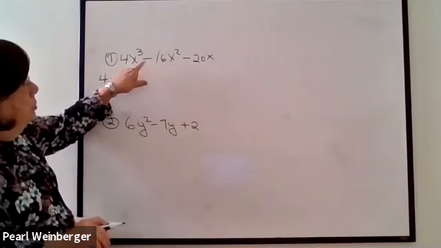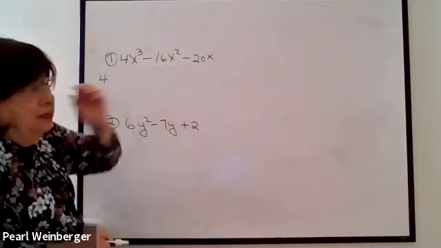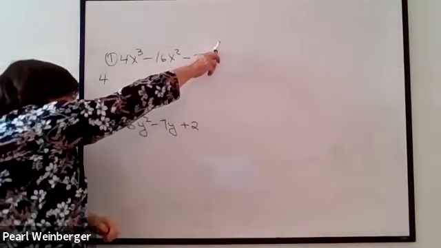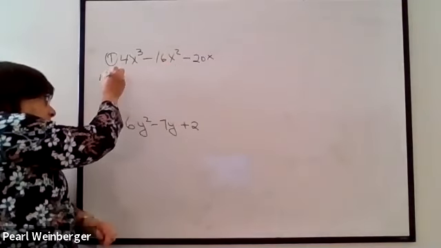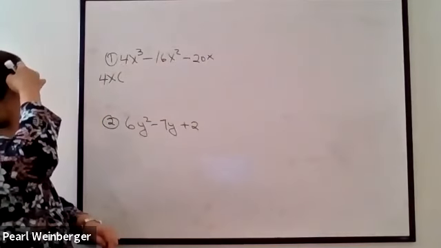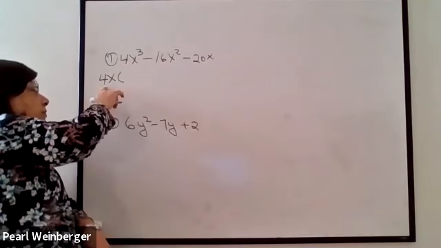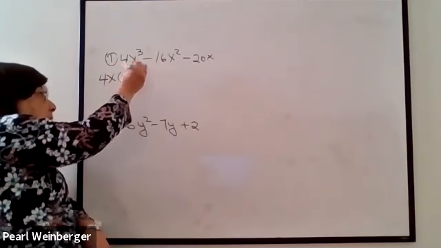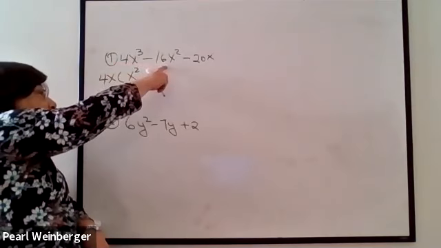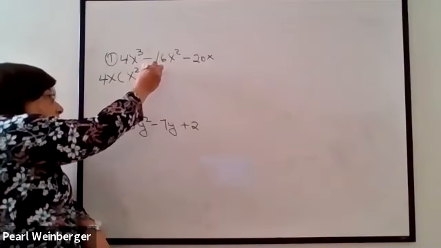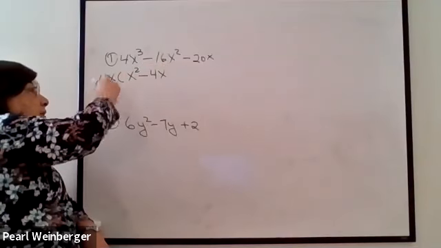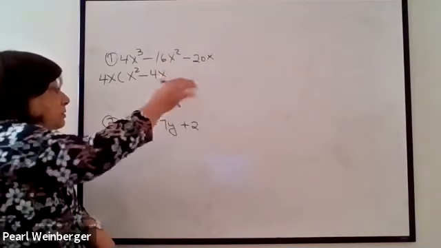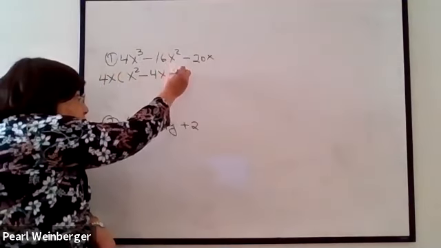Also, x cubed, x squared, and x, each of the terms has an x in it. The one with the lowest exponent is 1, so 4x is our common factor. And when I divide out the 4x, 4x into 4x cubed gives me x squared. And 4x into negative 16x is negative 4x. And 4x into negative 20, remember, don't forget, x into x cancels. 4 into negative 20 is negative 5.